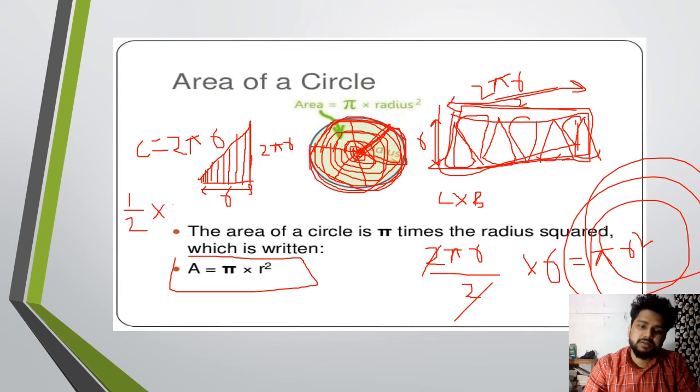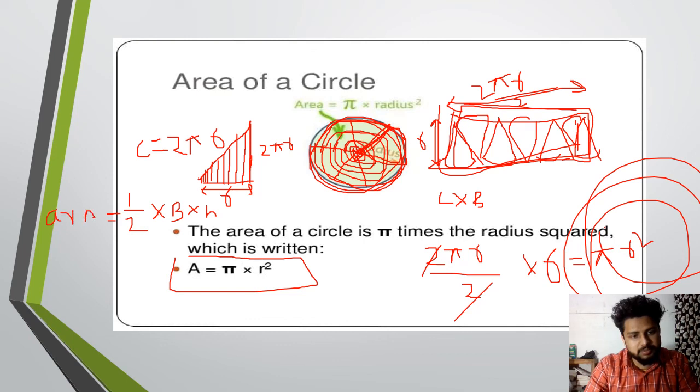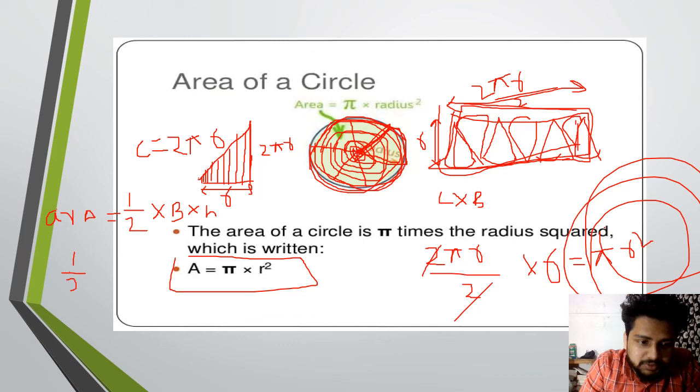As we know, the area of a triangle is half base into height. This is the area of the triangle, half base into height. What is the base?